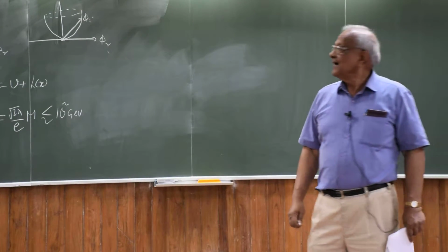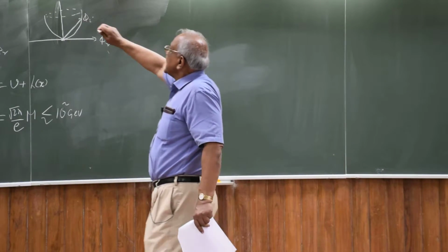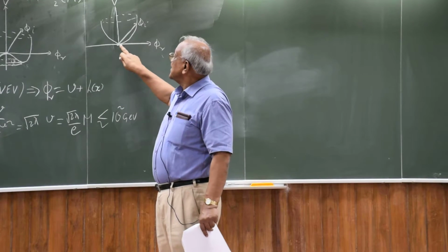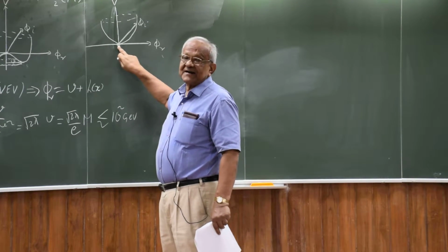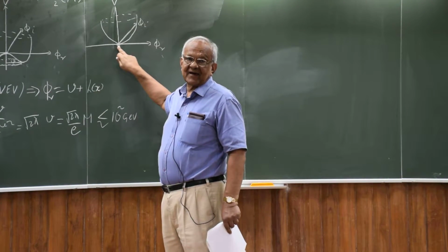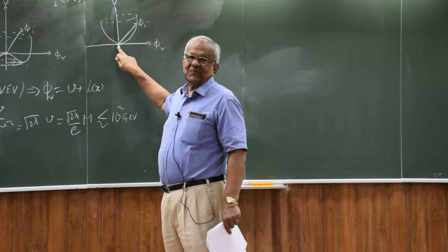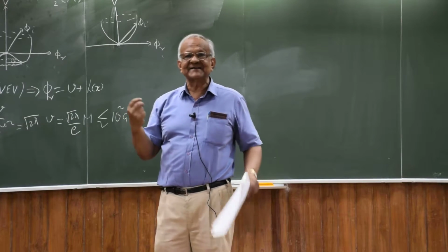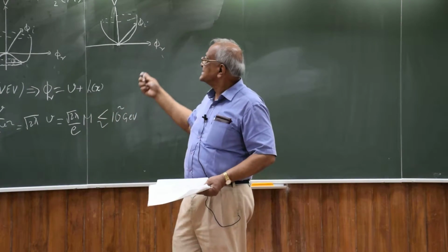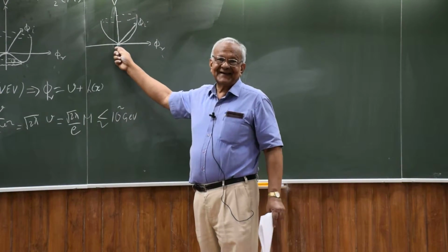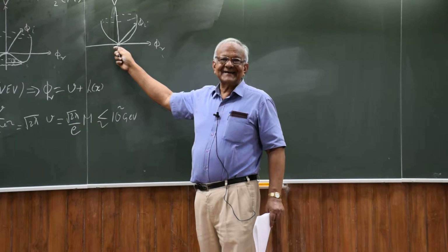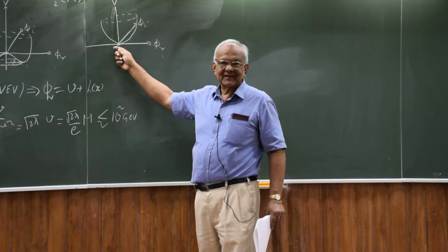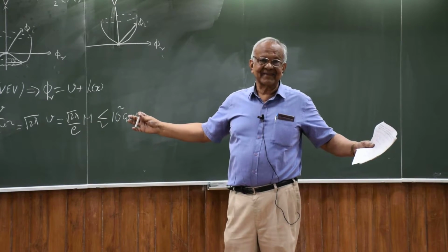If we had a positive mu square, which is the usual case, then the ground state will occur at zero field. Now, if you have zero field, by any phase, it remains 0. So the ground state will possess the phase symmetry of the Lagrangian, and you cannot get mass.